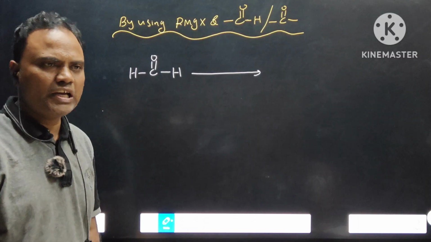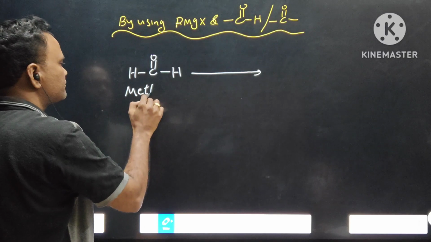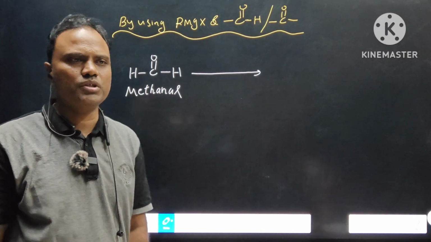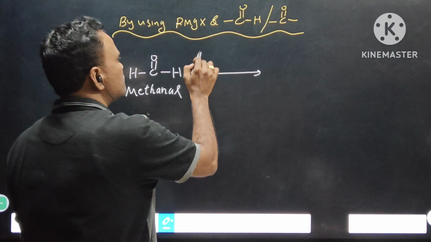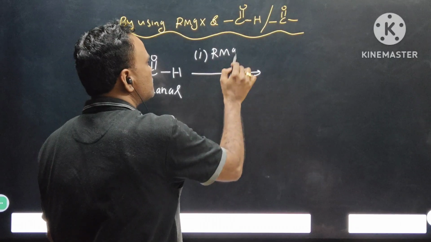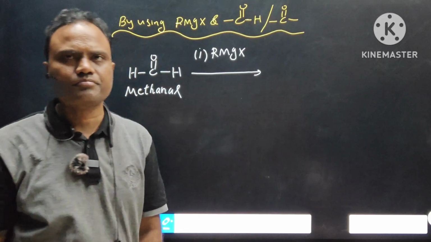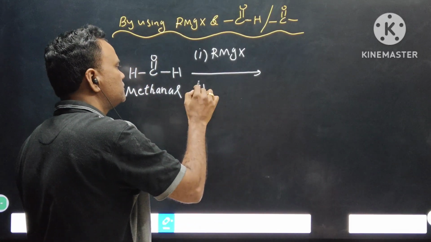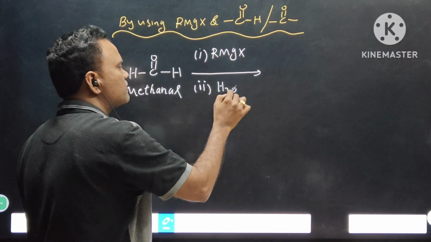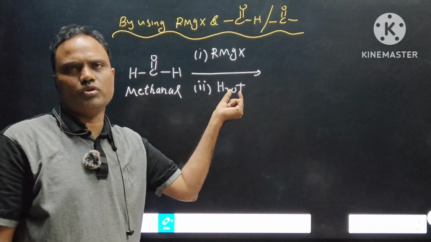Methanal, or formaldehyde, HCHO. Two reagents you will get like this during the questions: RMgX, and H3O plus for hydrolysis.